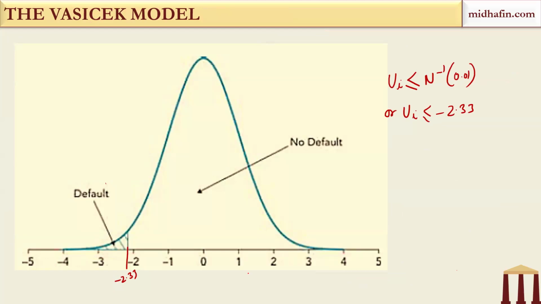If F is very, very small, it means a very, very stressed or worst case scenario happens. Then obviously based on the formula, U will be small as well.